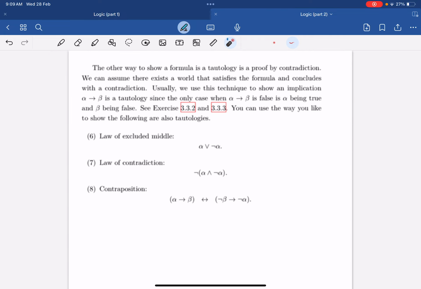And we can show a formula is a tautology by proving through contradiction. So we assume that there exists a world that satisfies the negation of the formula and show that that cannot be true. So it means that the set of worlds is empty.